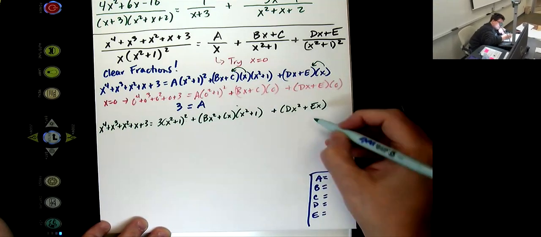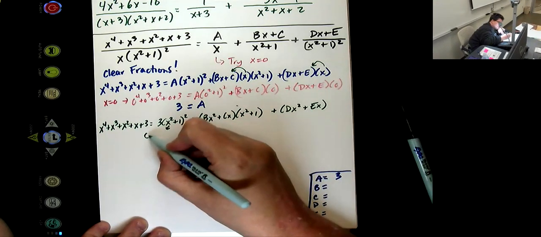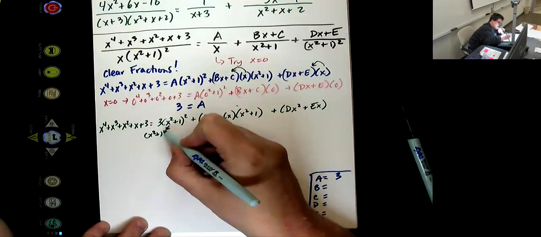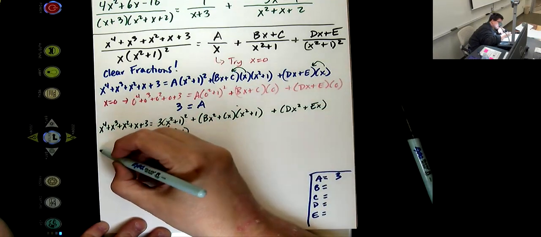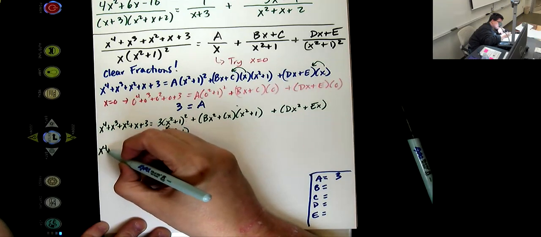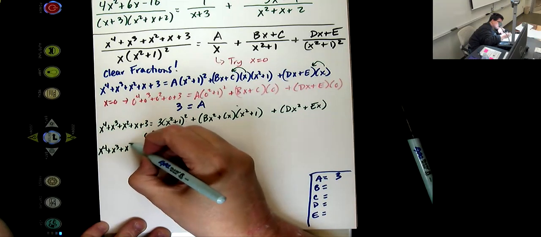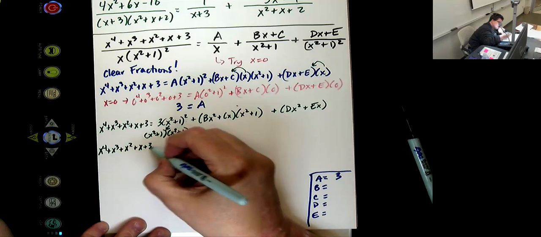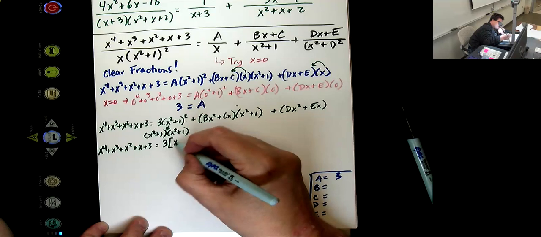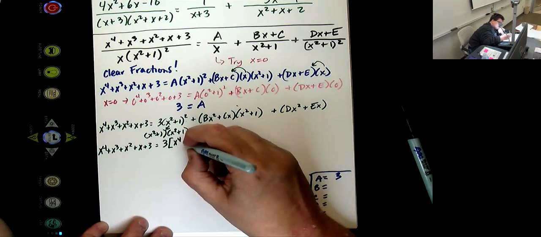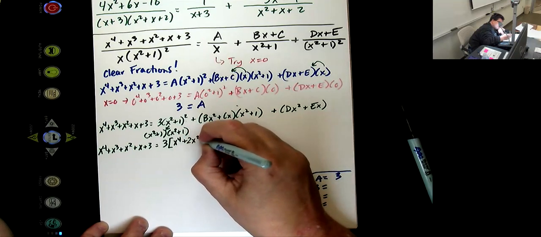And that x squared plus 1, this is x squared plus 1 times x squared plus 1. So I have 3 times x to the 4th plus 2x squared plus 1 there.